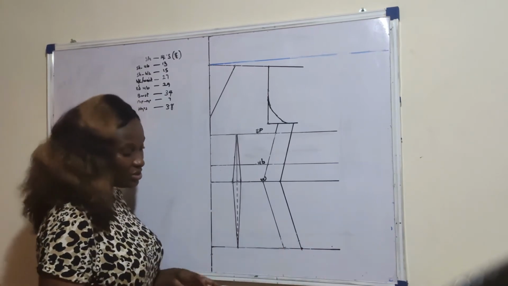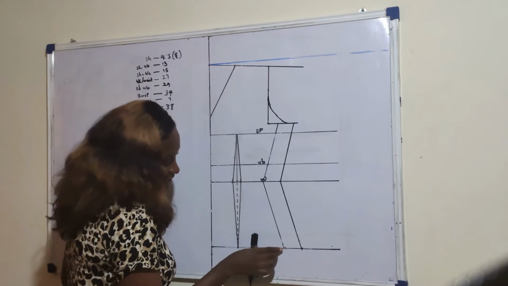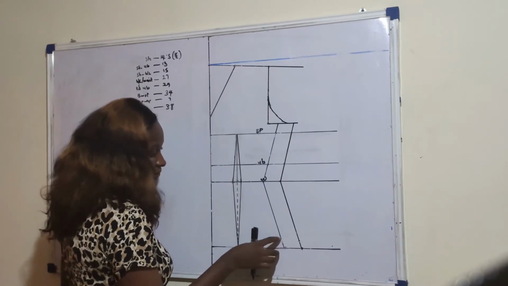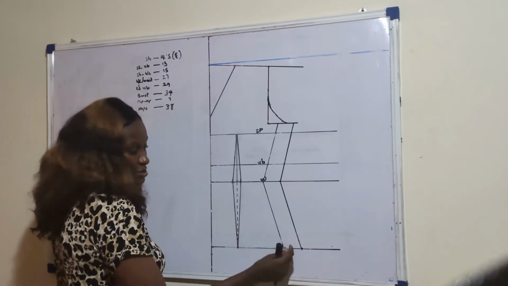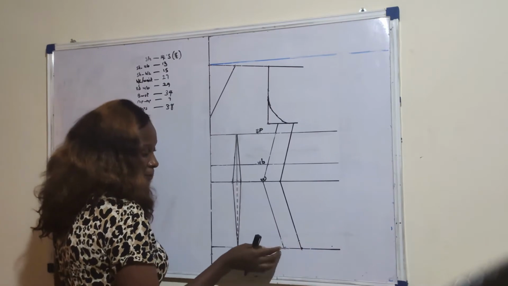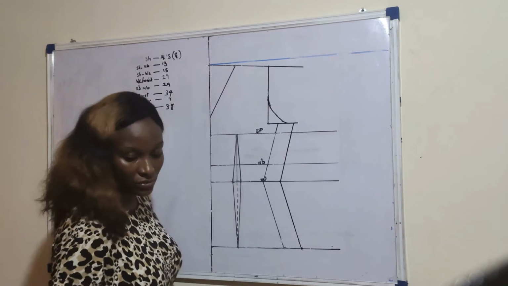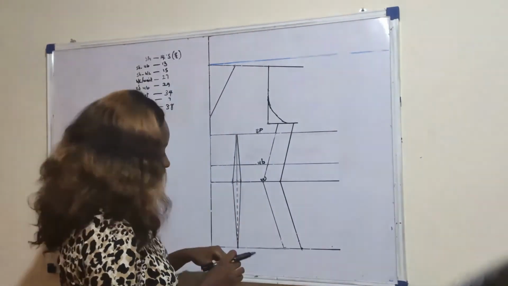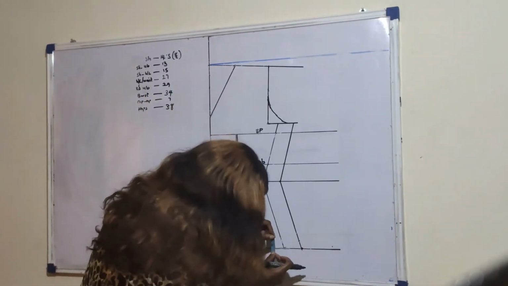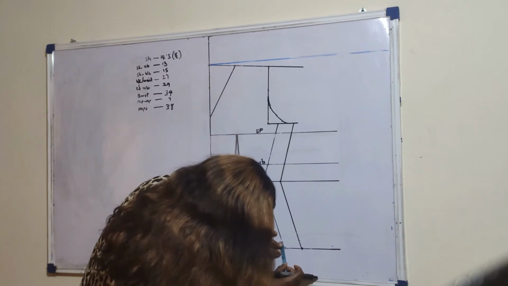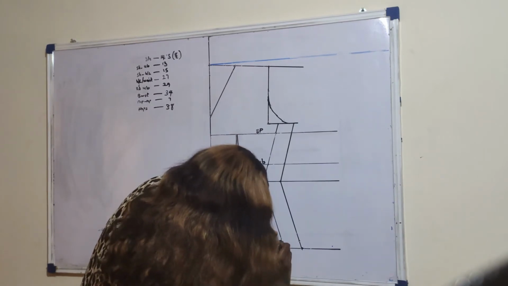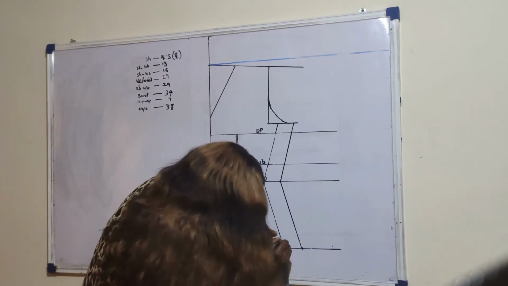So what you do is take an inch upwards at your main measurement. Remember, this is your allowance. So at the main measurement, you take 1 inch upwards. Just like so. This is 1 inch right there.